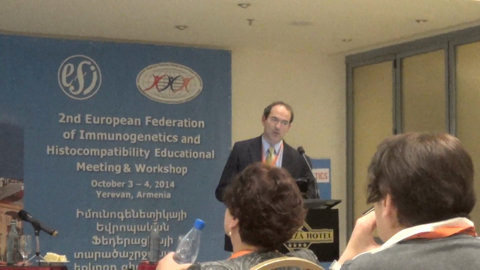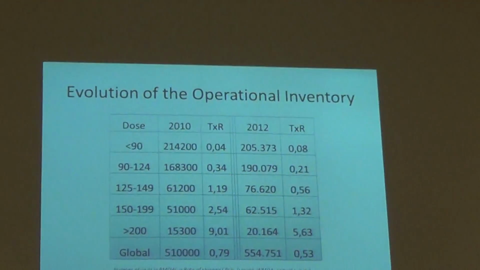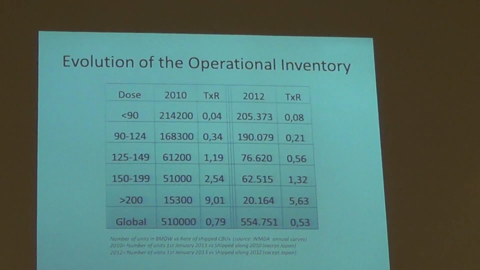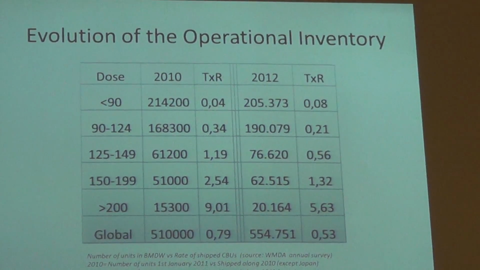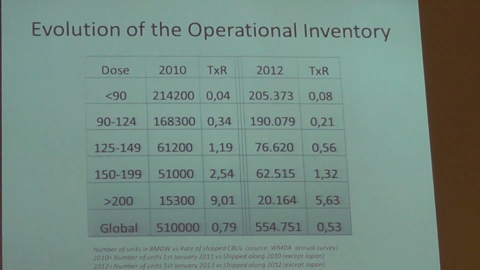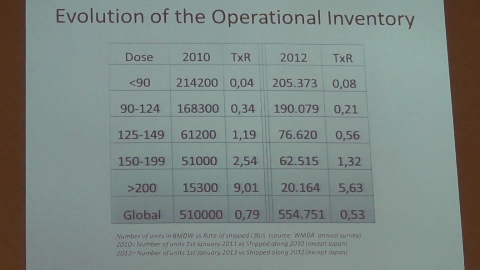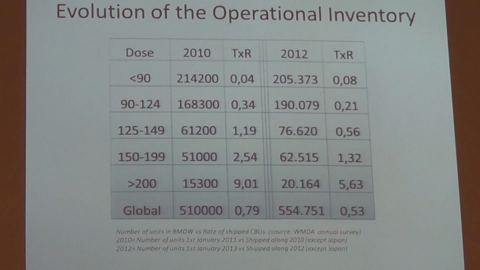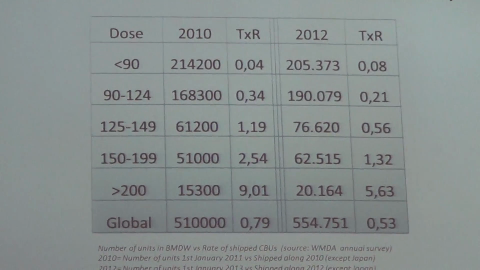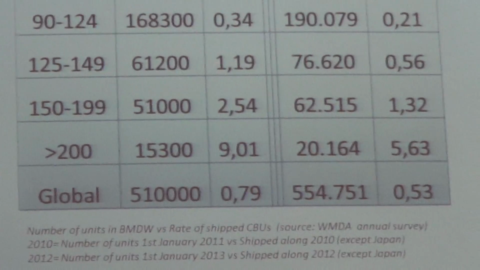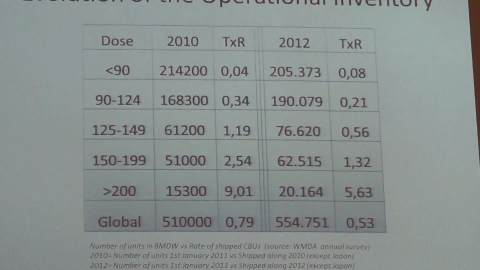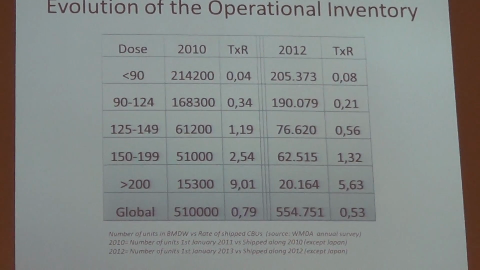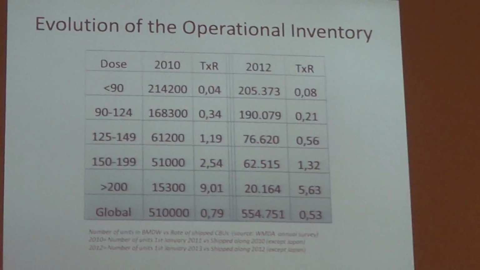This is the evolution of what we call an operational inventory. In the worldwide registry, there are 600,000 cords, but they are distributed, as you see in this table, with different grades of quality. The majority of the units contain very low quantity of cells. And you can see here the difference in the inventory between 2010 and 2012, and the transplant rates per each category.